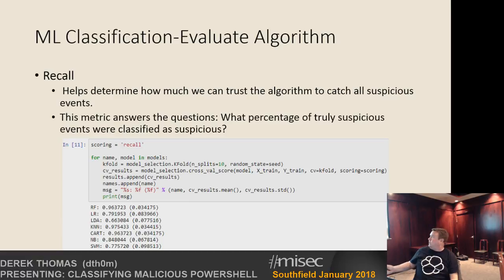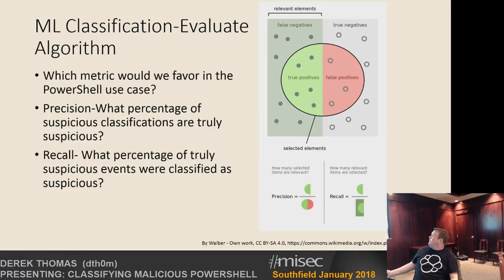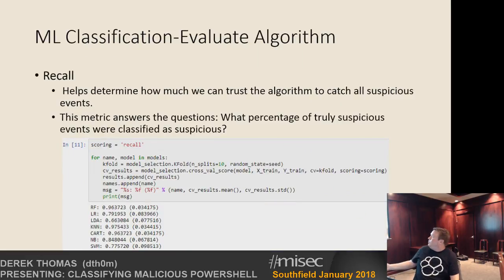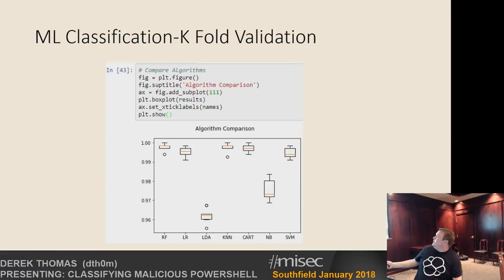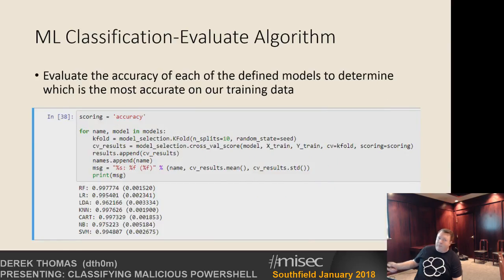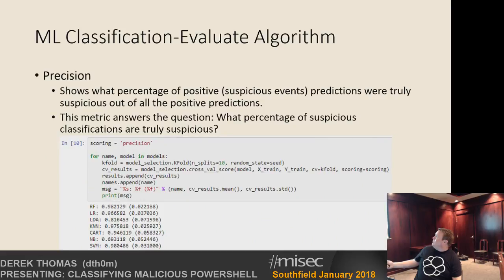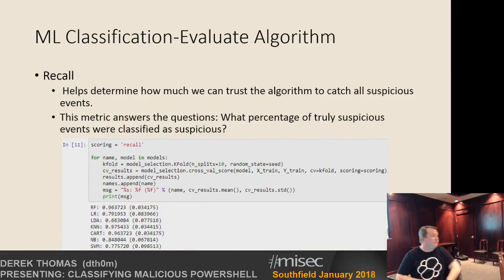We ended up switching to a different algorithm. But if you look here, random forest did pretty good. It's got 96 recall, 98 precision, and the overall accuracy was 99.7. So just so I can try to understand recall, you're getting 96 out of the 100 malicious code, right? Yeah, so you're missing 4 out of every 100.